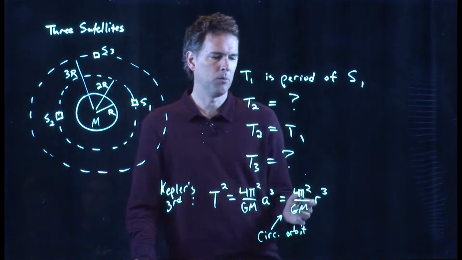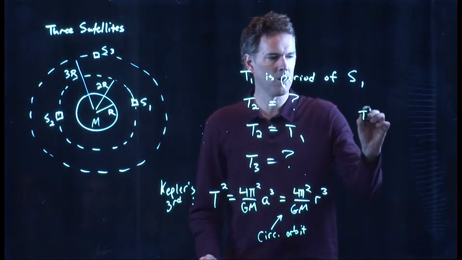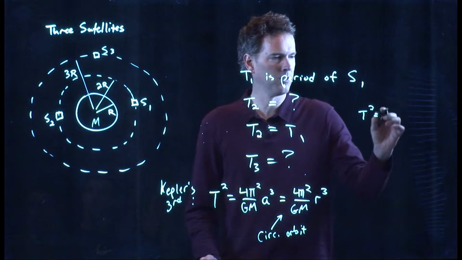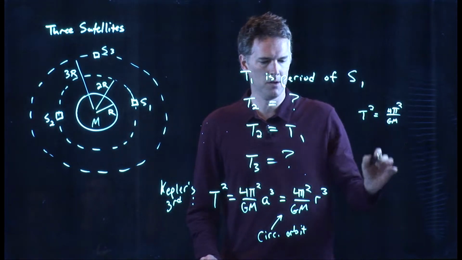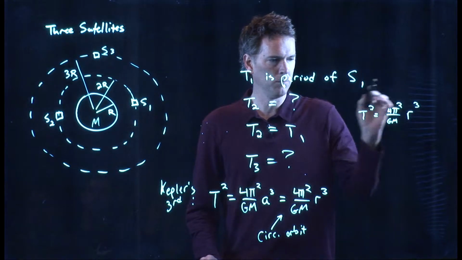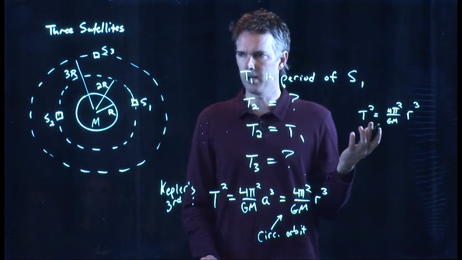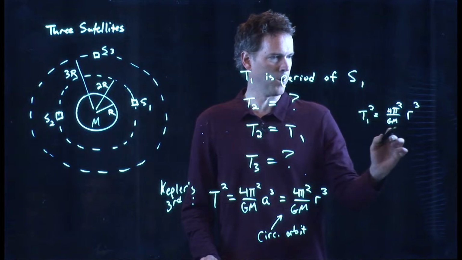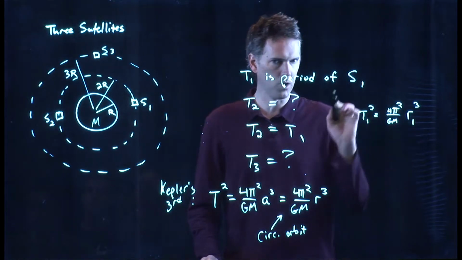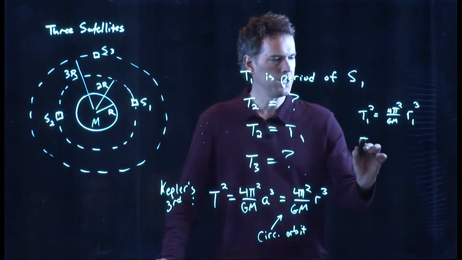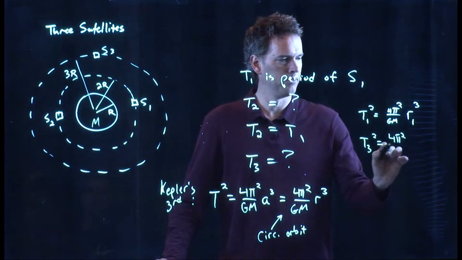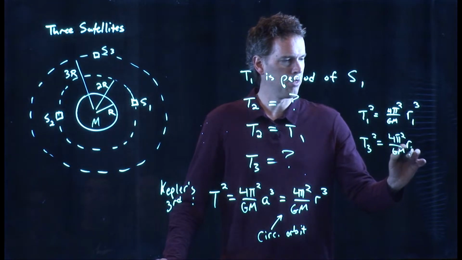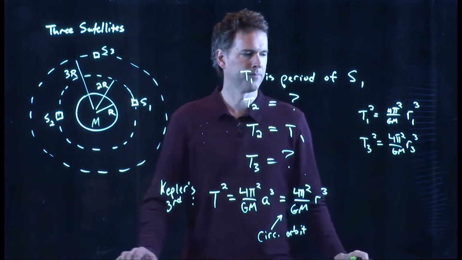And so now look what we can say. T squared is just 4 pi squared over GM times r cubed. And I can put any subscripts on it I want. T1 squared is this stuff, r1 cubed. T3 squared is this stuff, r3 cubed.